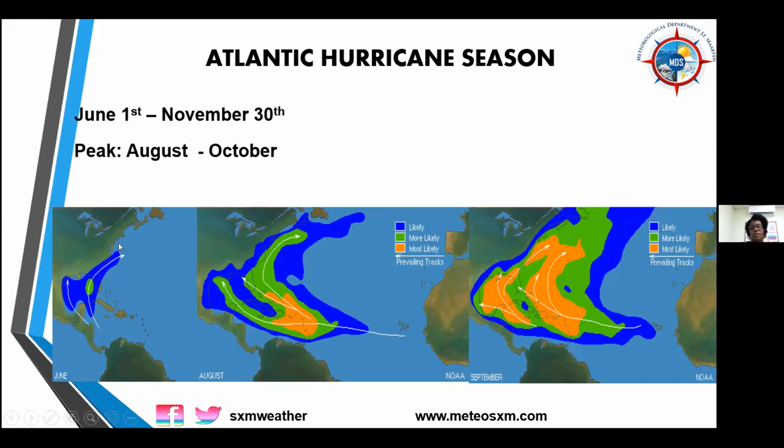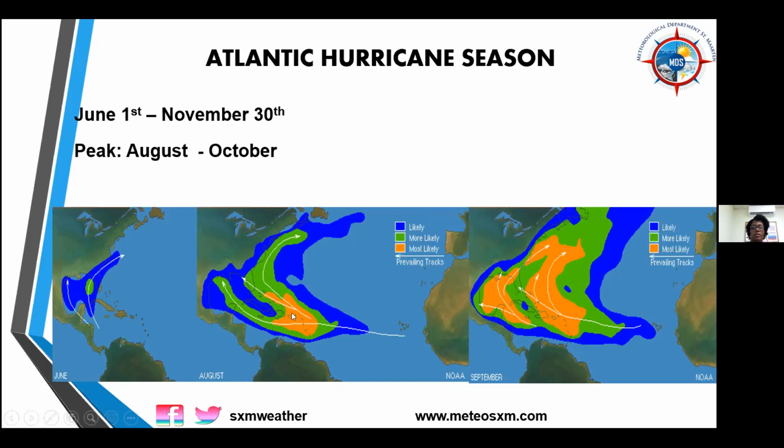Early in the season, this first diagram shows June during the first early months. You find the storms and hurricanes develop along the Gulf Coast and towards the eastern border of the United States. As we move into August, which is the middle diagram, you see the orange section that is the most likely location for development.